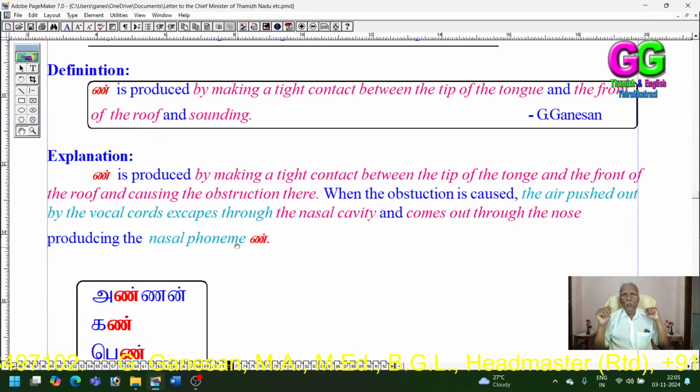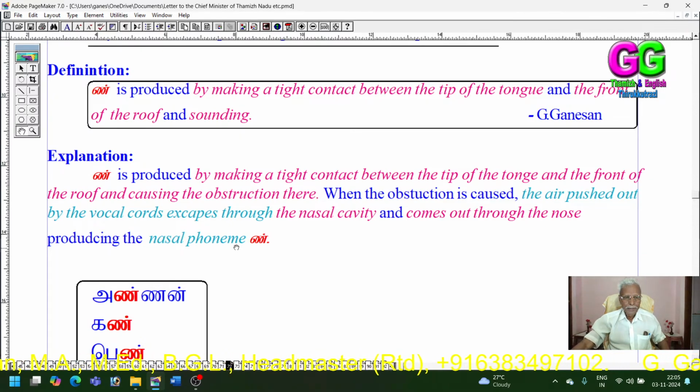Why? Why should the air escape through the nose? Why should it not escape through the mouth? How is the air pushed out by the vocal cords prevented, and how is it made to escape through the nasal cavity?